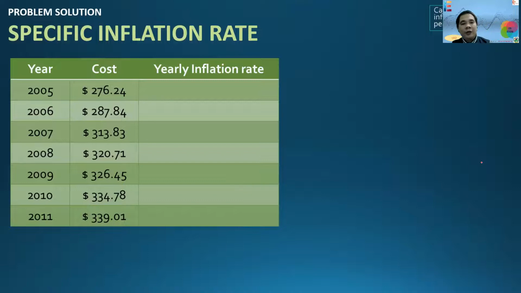So when we say specific inflation rate, what is your inflation rate for the first year? Say for example the price in the first year is 287.84. So F is equal to P times 1 plus i to the exponent of n. So 287.84 equals 276.24 times 1 plus i to the exponent of 1.